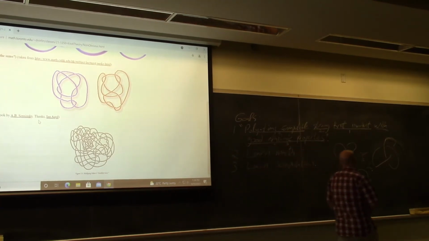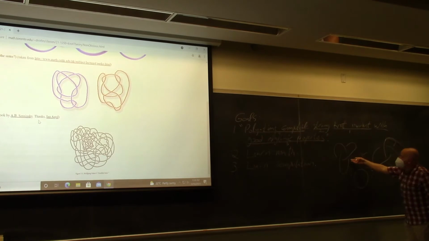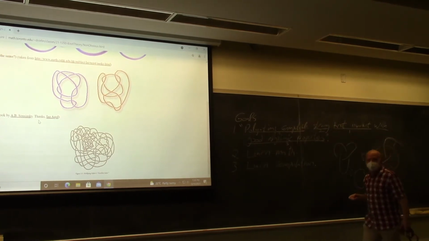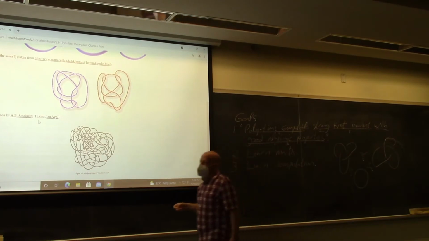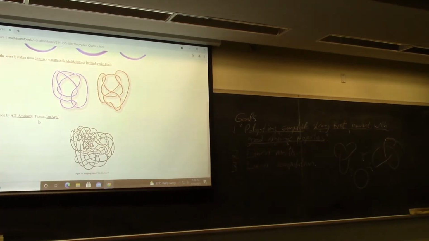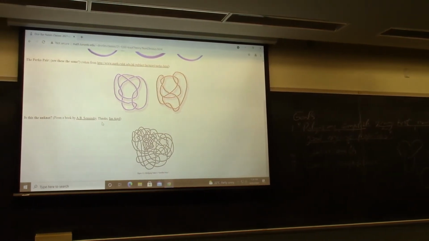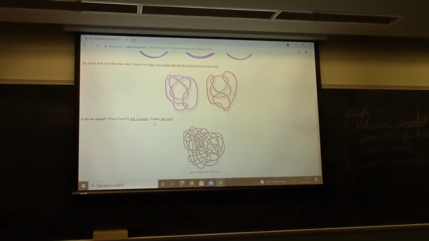Okay, anyway, so back to our question, how do I tell that these three things are different? The answer is I need to construct knot invariants. So what's a knot invariant? Well, I will define it, but it's a loose definition.